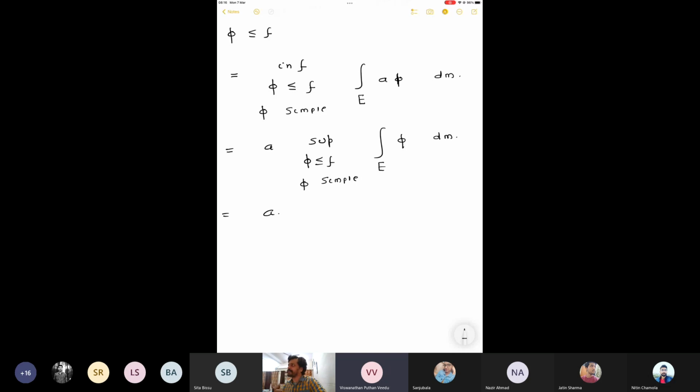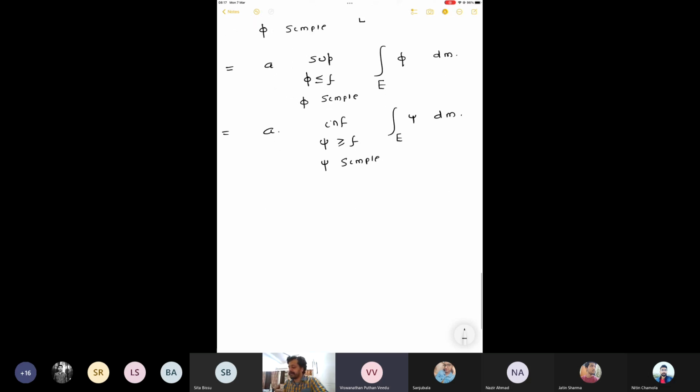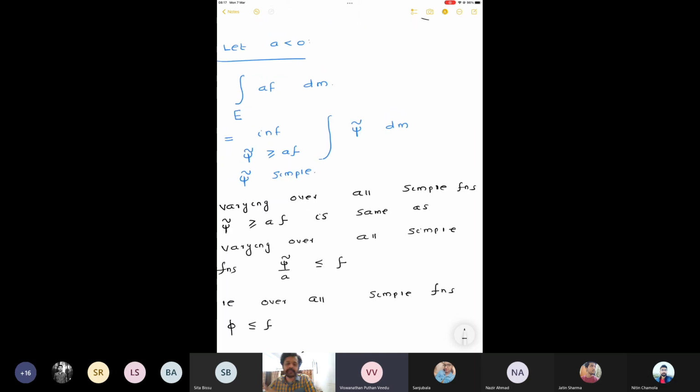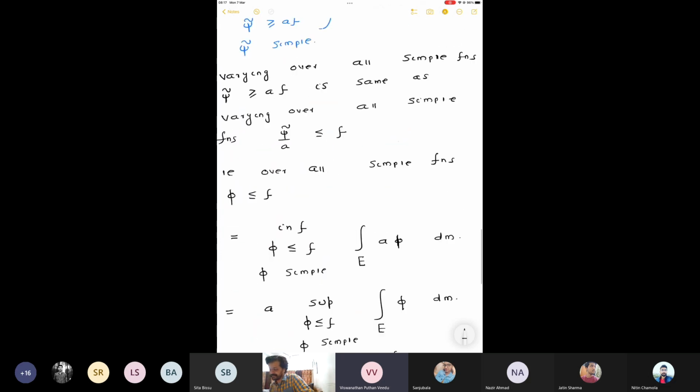If f is measurable, we have proved that this supremum is the same as the infimum over psi greater than or equal to f, psi simple, of the integral over E of psi dm. That we have proved: f is measurable, then the lower Lebesgue integral is equal to the upper Lebesgue integral. And this is equal to a times the integral over E of f dm. So a small part we had overlooked, and this should be the right proof. Thanks to that student.